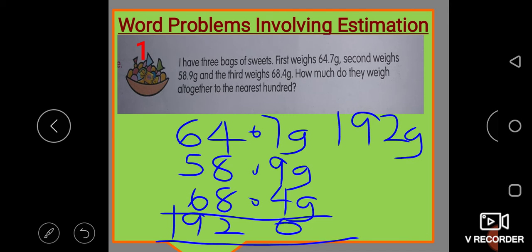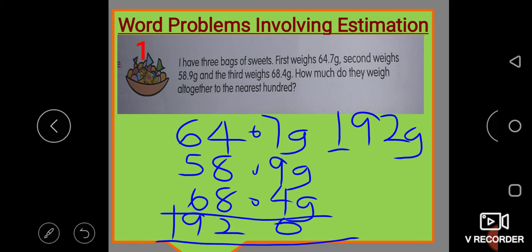The question is to the nearest 100. We did this in Part 1. To the nearest 100, the number at the place value hundred is 1. What are you going to consider? You consider the digit at the place value tens. Is it up to half?